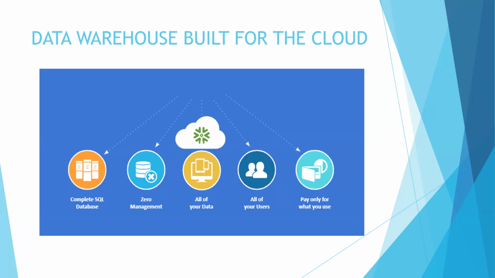I can manage any amount of data and any amount of workload for any number of users. There is no restriction on the number of users or the amount of data. And finally, pay only for what you use. Pay as you go, like postpaid. So all these five unique features make Snowflake a leader in cloud data warehousing.